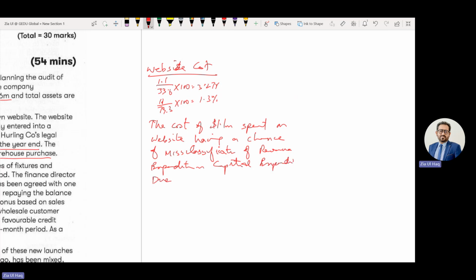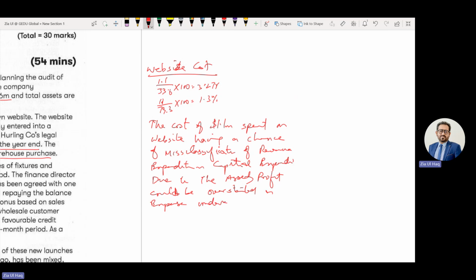Due to this, asset and profit would be overstated and expenses understated.